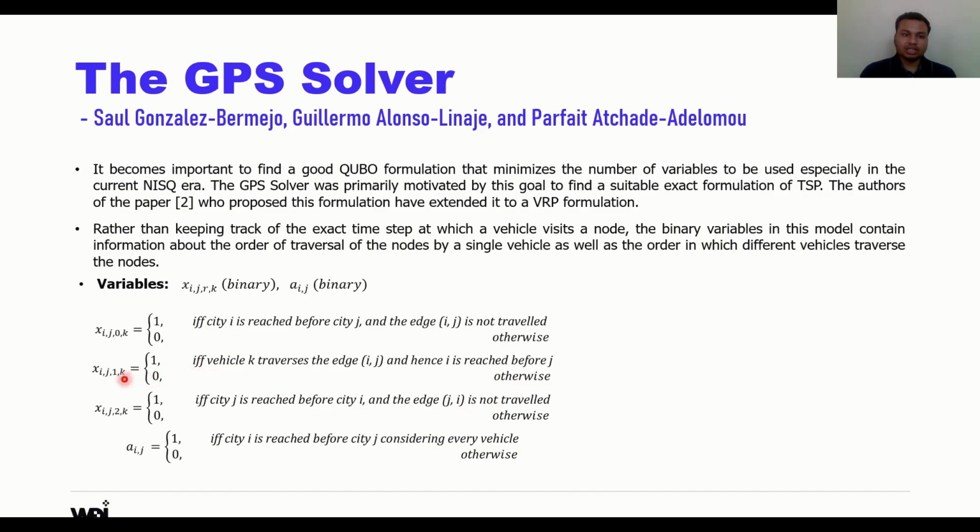So x_ij^1k represents the case where there is a direct edge from node i to node j, and a_ij is set to 1 if and only if i is reached before node j, considering all the vehicles.